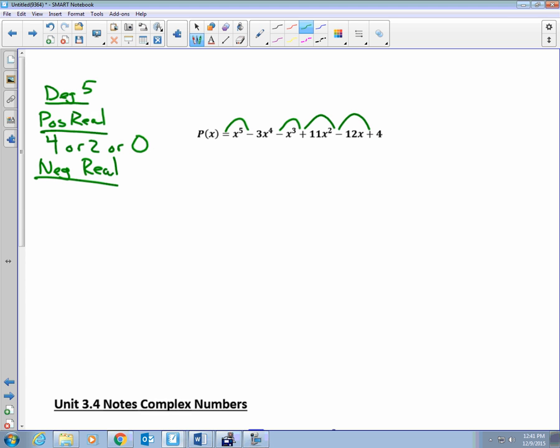Now, let's look at the negative real solutions. How do I check that? We have negative x, and as Kayla says, I change the odd powers, because when you take a negative to an odd power, it switches sign.